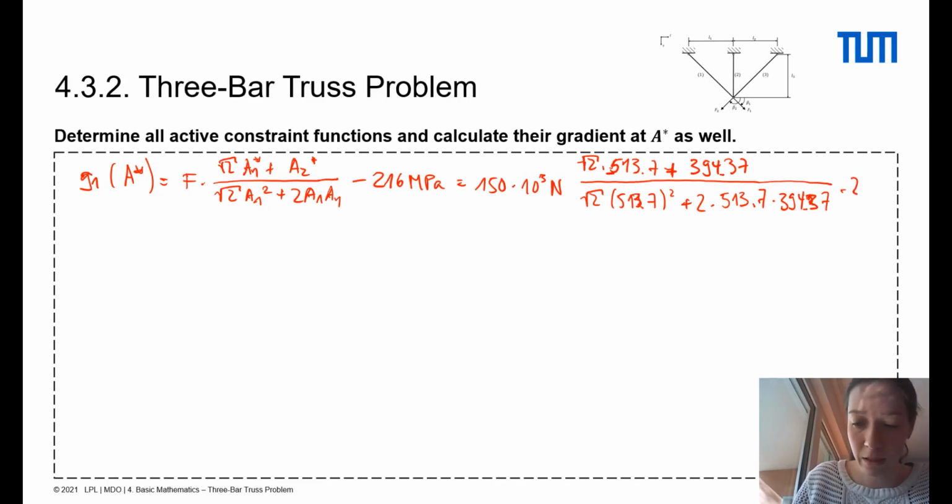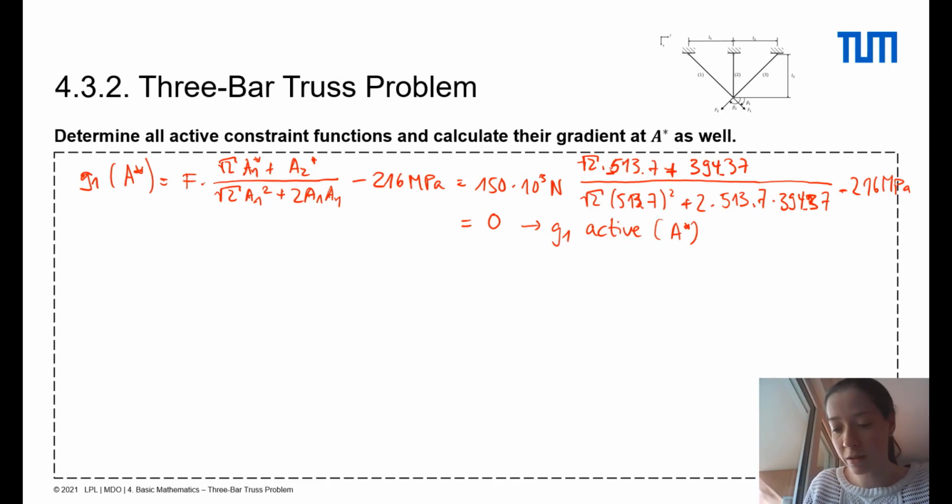And minus 216. And it's actually 0. So we've shown that G1 is active at A star, so at our optimal solution.